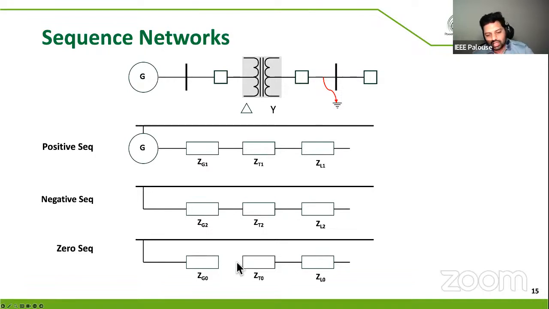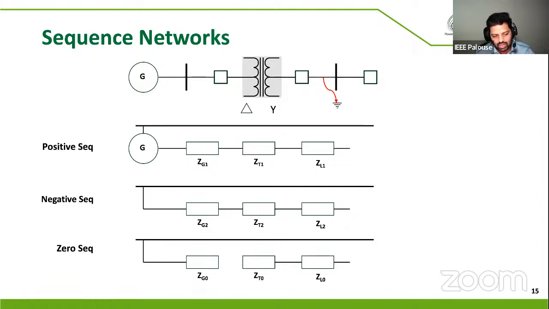The reason for this break is that in the case of zero sequence components, our transformer is a delta and Y neutral grounded transformer. If you have a delta winding on the primary, the delta winding of this transformer will trap all the zero sequence components. For power to flow, you need a closed path for any phase.